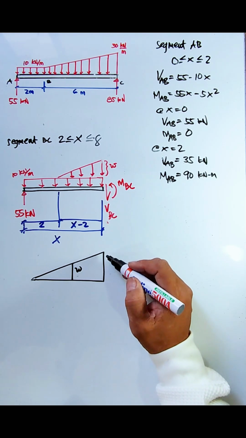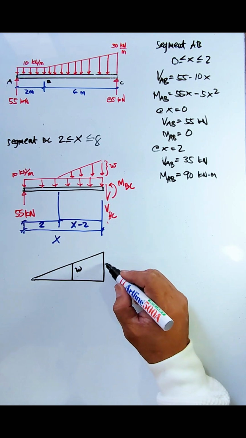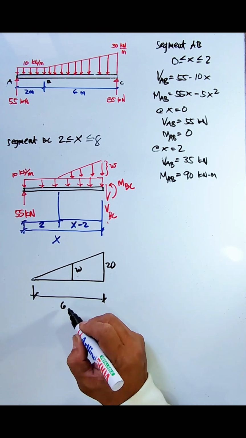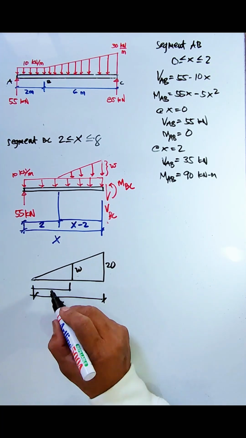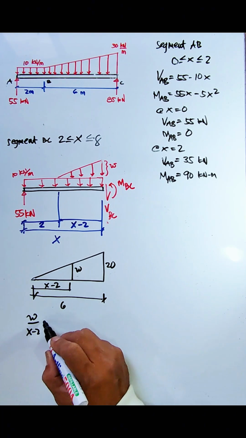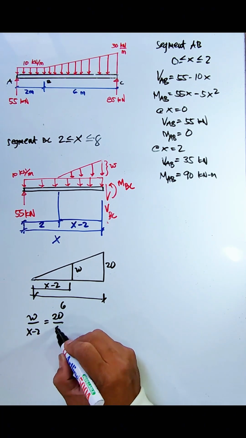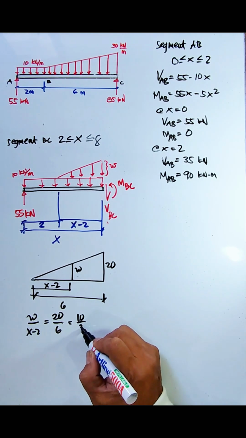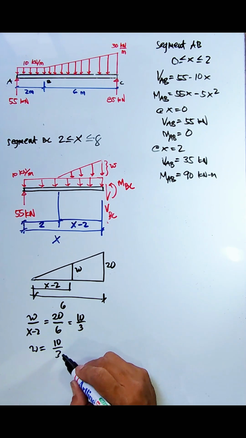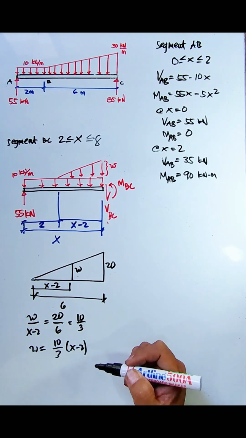This one will be 30 minus 10, is 20. This is 6, while this one is x minus 2. So W is to x minus 2 equals 20 is to 6, or that's 10 over 3. So W is 10 over 3 times x minus 2.